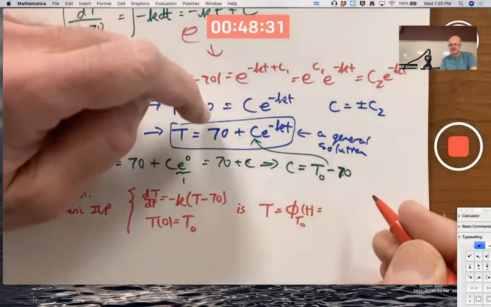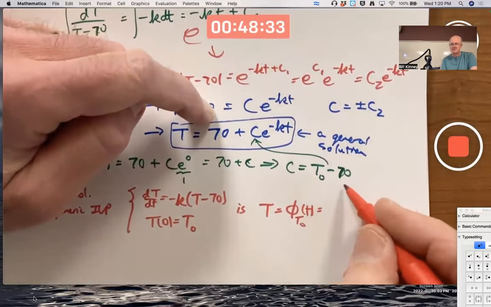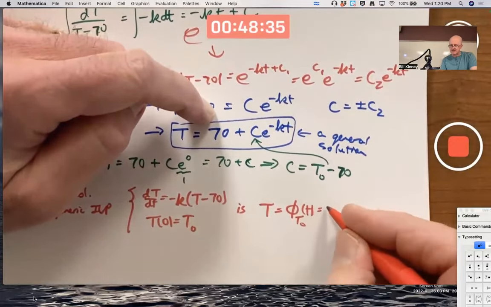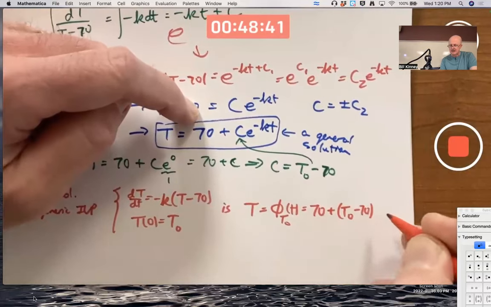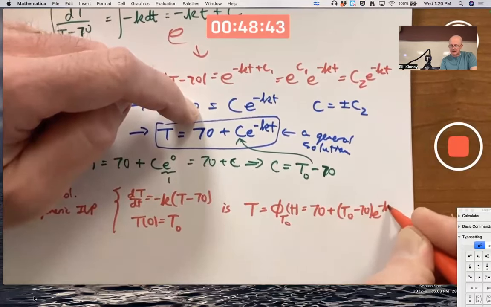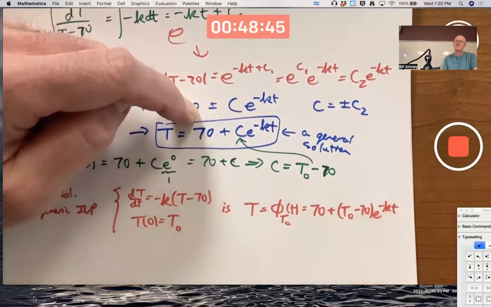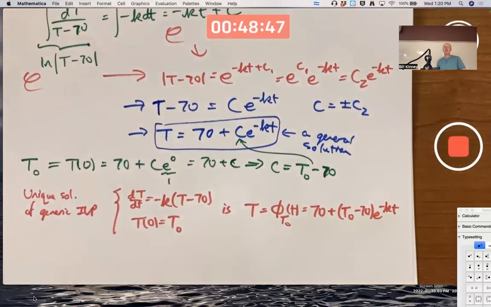Just write down this exact same formula, but replace C with T naught minus 70. 70 plus, in parentheses, T naught minus 70, e to the negative kt. If I imagine K to be fixed and T naught to be fixed, this is one function of little t.